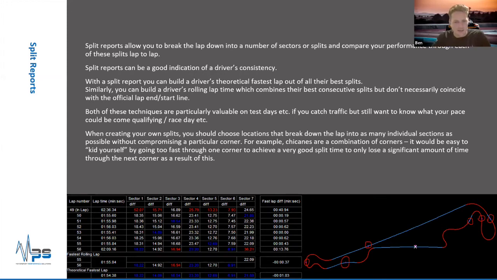So you might find that you do your best lap, you've got a headline time of a 55.7, you look at your best lap, but actually you could have gone three tenths faster in turn 4, for example. You can quickly refer to this split report and say, right, I need to look at lap 57, which is my fastest lap, but lap 52 was where I'd done sector 3 best.